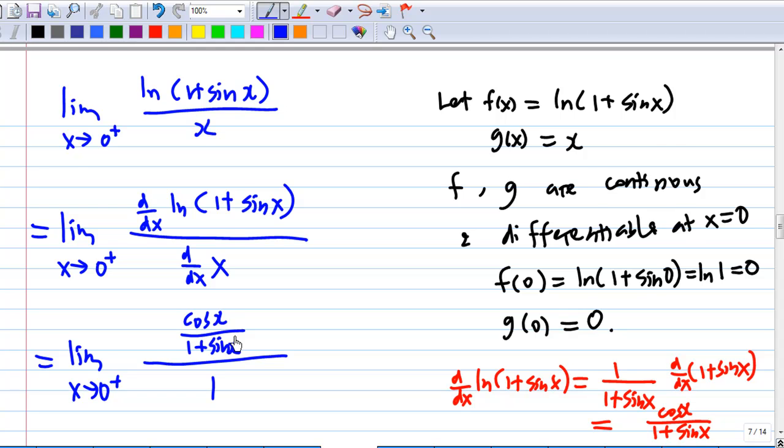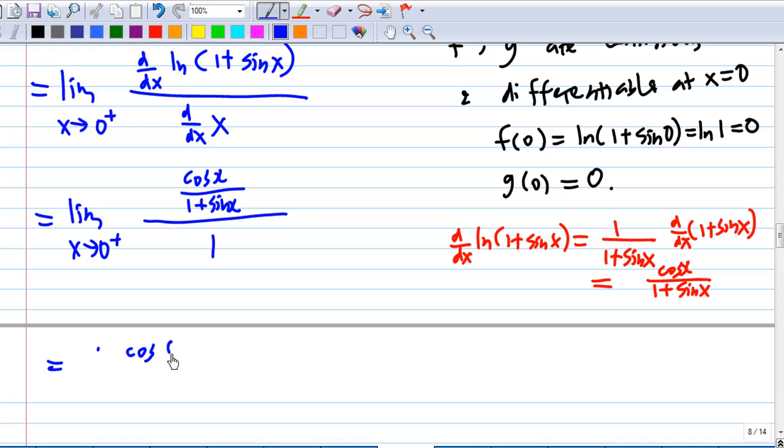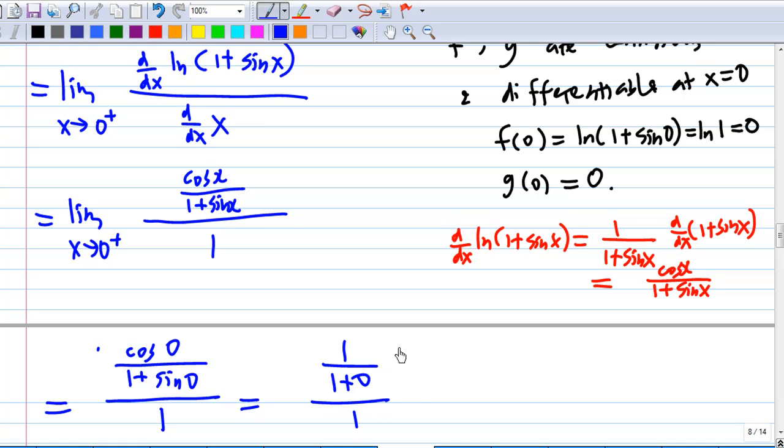Now when x approaches 0, we have cosine 0 over 1 plus sine 0, divided by 1. And we know cosine 0 is 1, sine 0 is 0. And so this is 1 over 1, which is equal to 1.